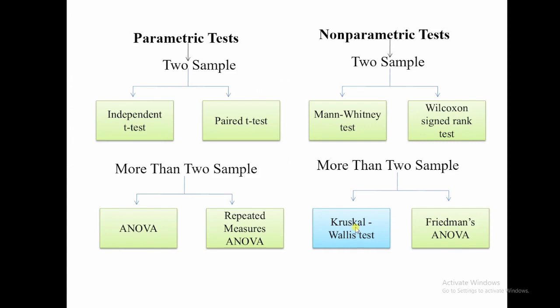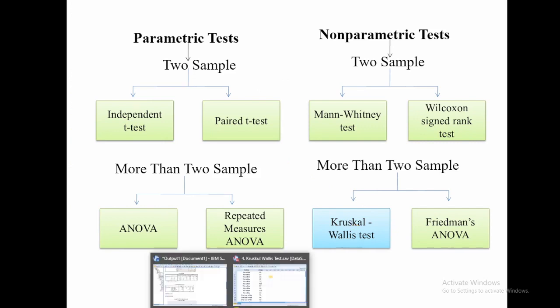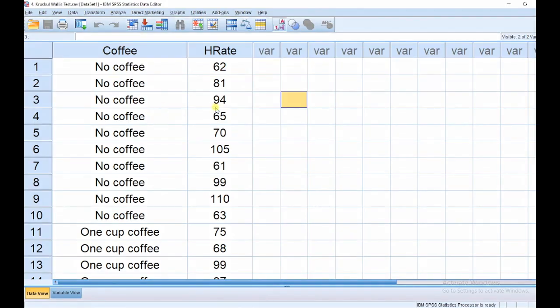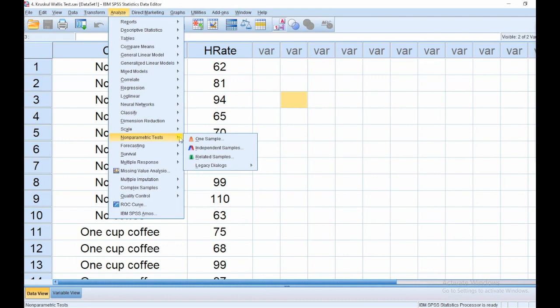That is why we are using the Kruskal-Wallis test here. Now I am applying the Kruskal-Wallis test. I can apply it through analyze, nonparametric tests, and I can also perform it through independent samples. There are two ways.